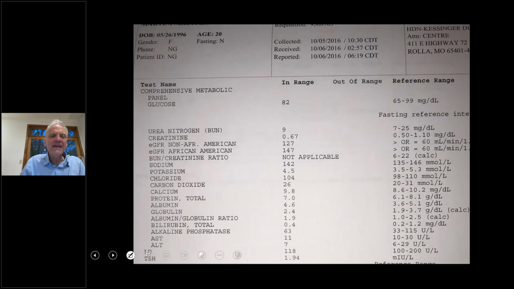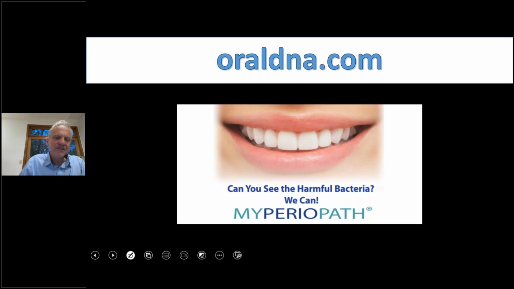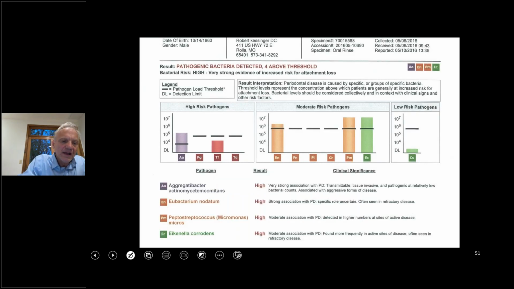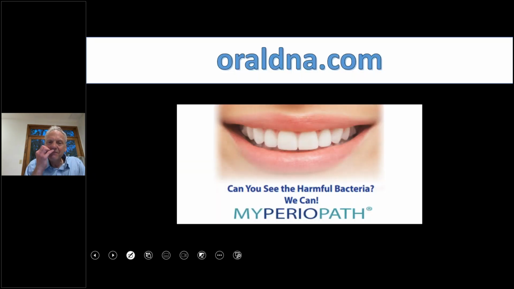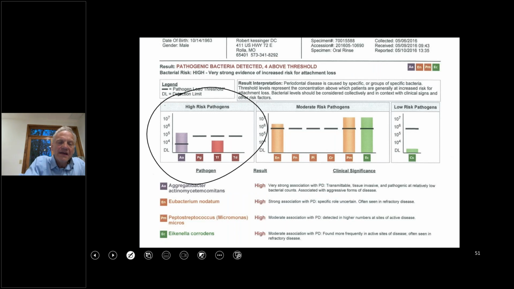I'm going to go through one more case that I think is interesting. I've got a bunch of cases here. By the way, this is oral DNA. You can do what's called MyPerioPath, and it'll show it. Basically, if somebody has this yucky looking thing in their mouth, that receding gum, you have them take this liquid that this lab will give you, swish it around 30 seconds, spit it in, and then they will show you if there's bacteria, periodontal disease.